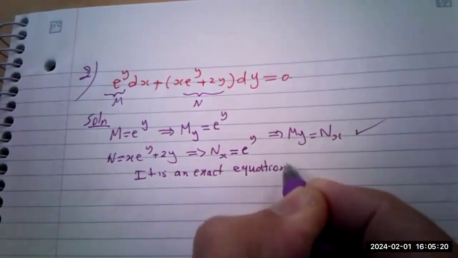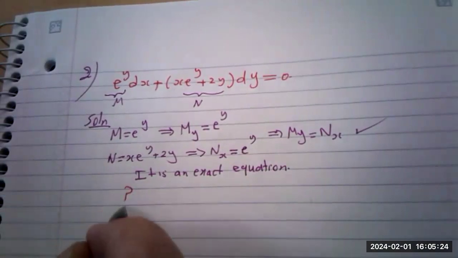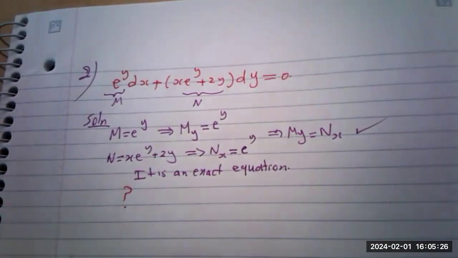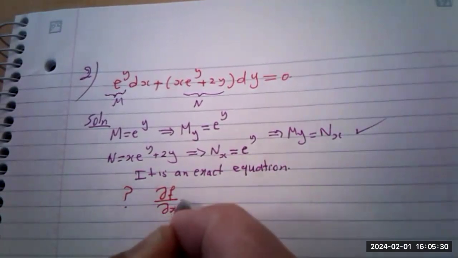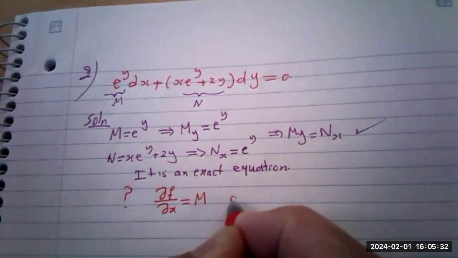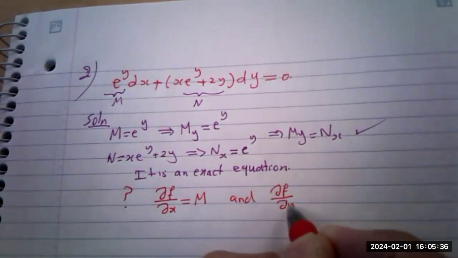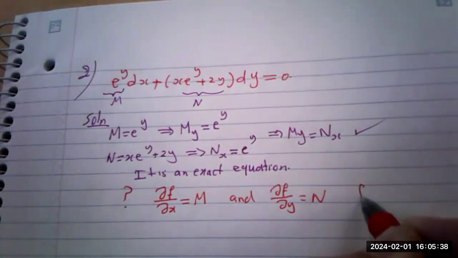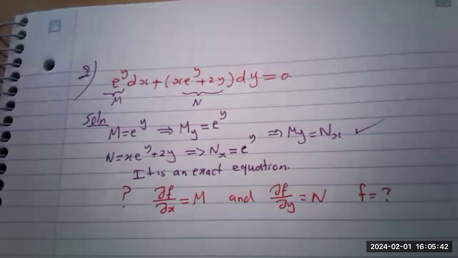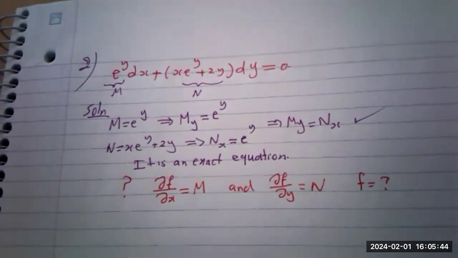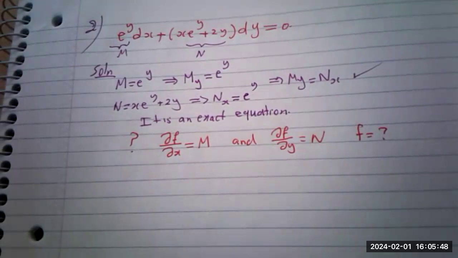As soon as it's an exact equation, you have to find a function f with this condition: the partial of f with respect to x is M, and the partial of f with respect to y is N. This f is missing. That's the way we do it, finding the potential function. So form this system of equations and solve it.